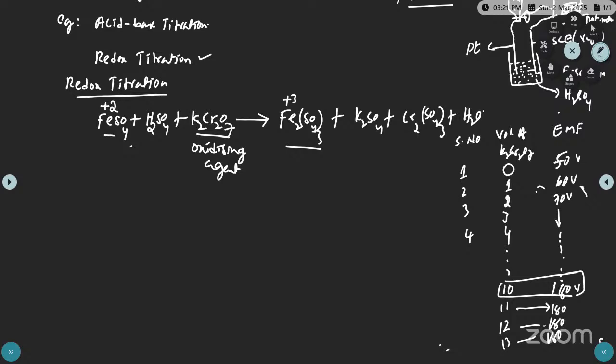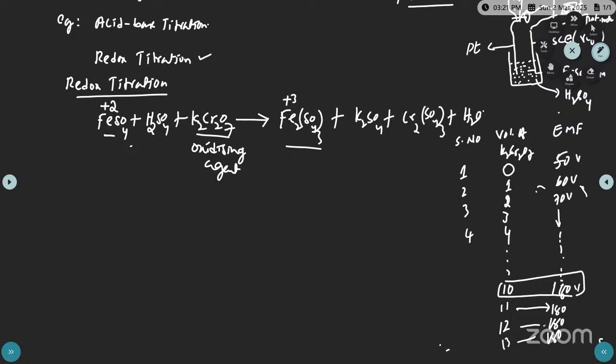After taking it, what should we do? We can calculate the concentration of the solution. What is the aim of the titration? Generally, the aim of the titration is to determine the concentration of the unknown solution. So there are two solutions. In that, the concentration of one solution is given, and we have to find out the concentration of the second solution.